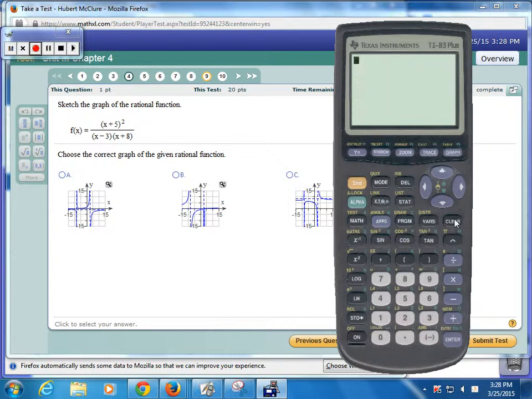You've got to have enough parentheses. y is equal to parenthesis, x plus 5 quantity squared divided by parentheses x minus 3 times x plus 8. I hope it doesn't blow up. I love all these parentheses.